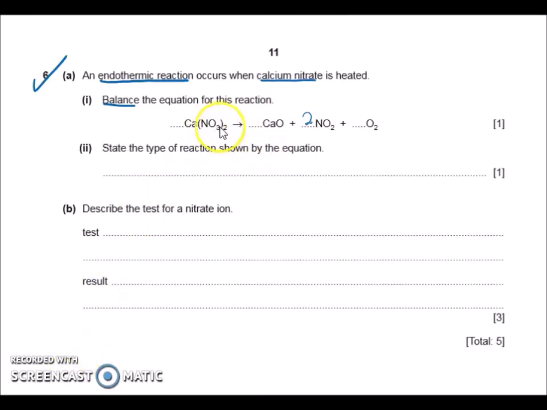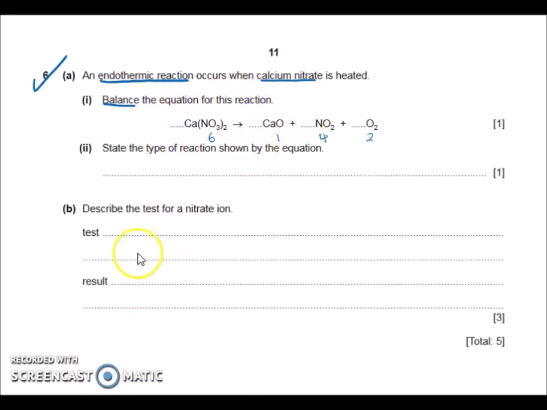The total number of atoms of oxygen is 6, but when you calculate here you get 4, 2, and 1. So the product side has more oxygens, and we have to double up at this side. Let me erase the 2 here.